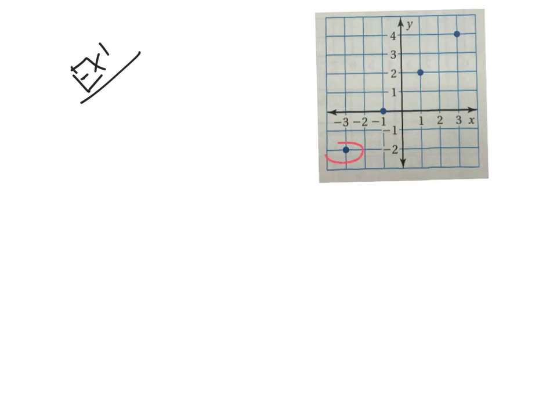So let's just start with the leftmost point. X would be what? -3. And y would be? -2. Okay, for the next point, x would be? Anthony? X would be for the second point that I have circled up there? -3. Oh no, -1. Thank you. And y would be, Yawali?